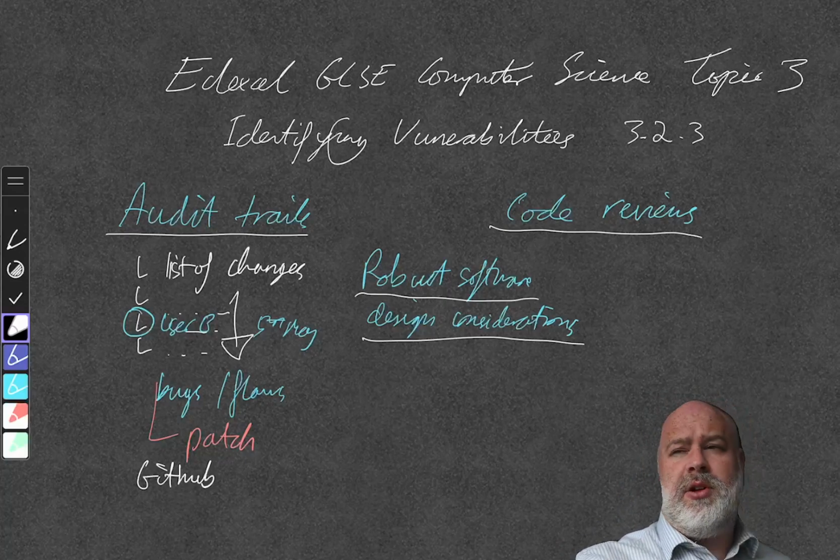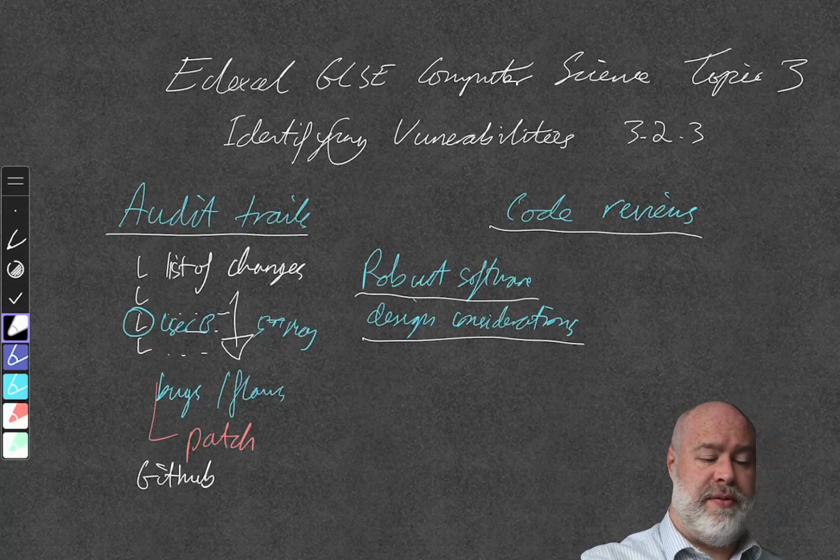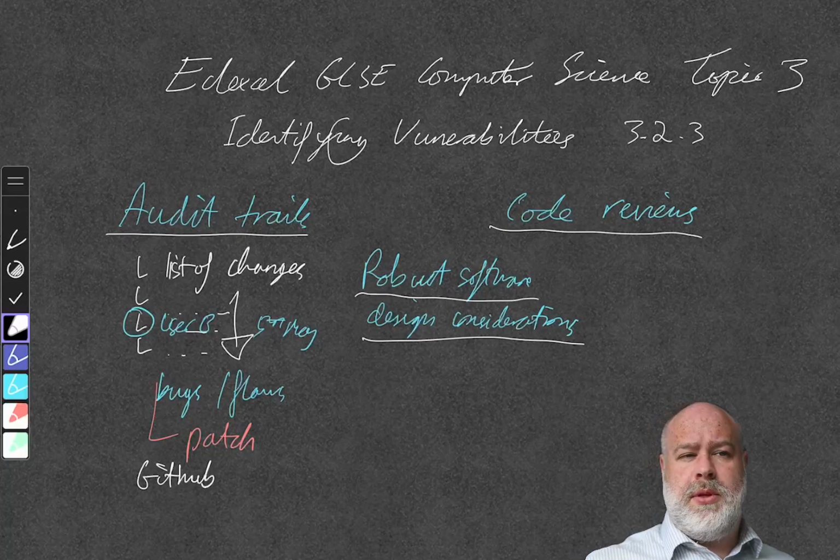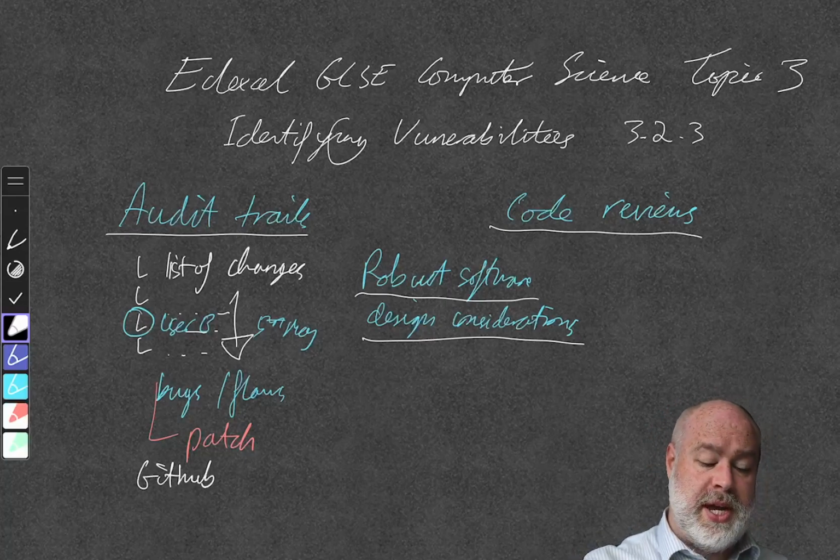But of course, internal audit trails happen all the time, and companies will have them. It's very common for Git repositories.